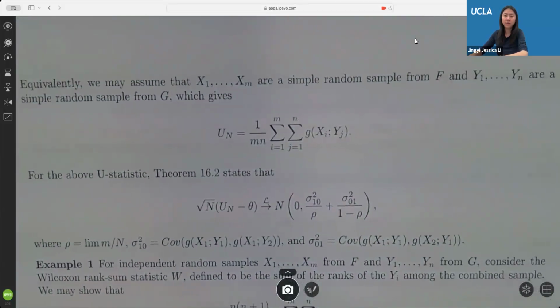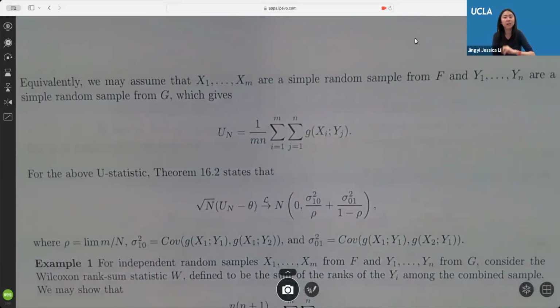Equivalently, we may assume that X1 to Xm are a simple random sample from F, and Y1 to Yn are a simple random sample from G. That will give us this U statistic.